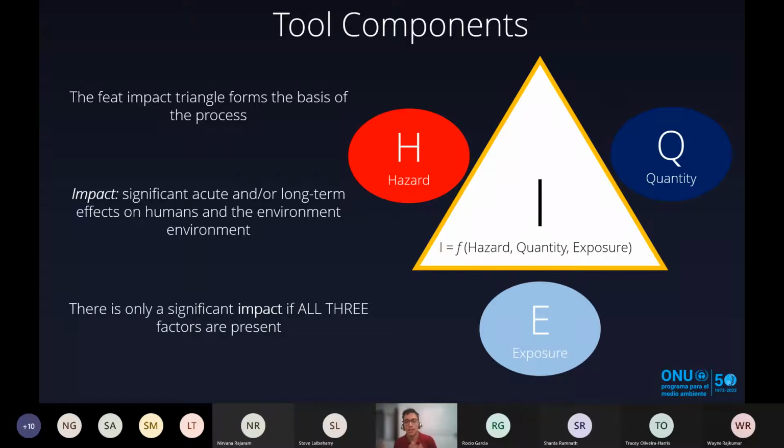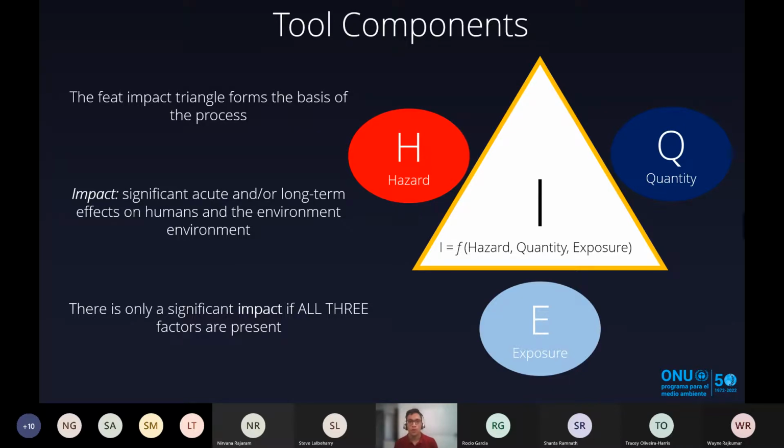Or if you have quantity, you have exposure, but you don't have a hazard, you wouldn't have an impact. So you need the three of them. The impact is defined as significant acute or long-term effects on humans and the environment. As you will see in the exercises we're going to show you, the results will show acute or long-term, depending on how the effects will be. And there is only a significant impact if all three factors are present.